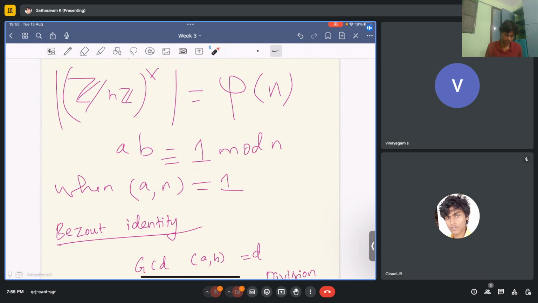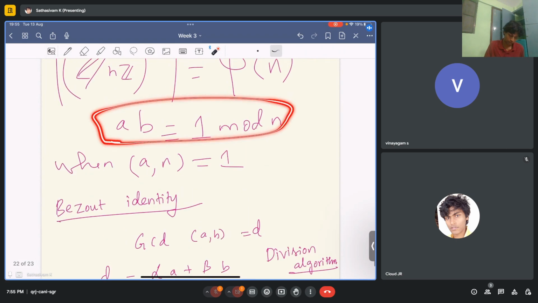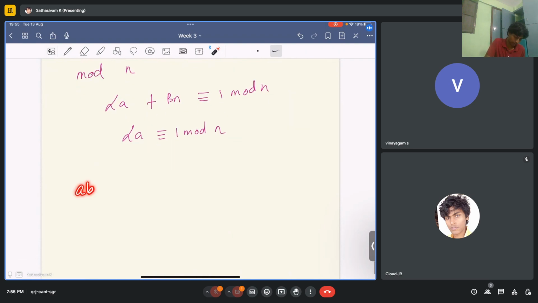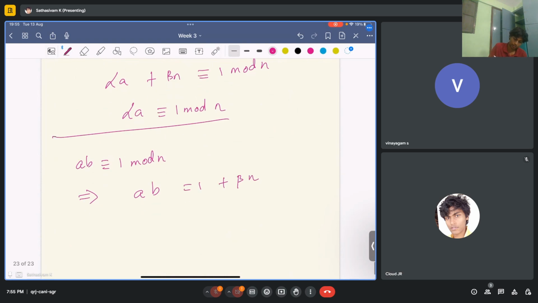Okay, if you want to write the other way, how do you write it? Let's assume this one. We'll prove the GCD is 1. Let's say AB is congruent to 1 mod n. So what does this tell you? This tells you AB is equal to 1 plus some beta n, right?